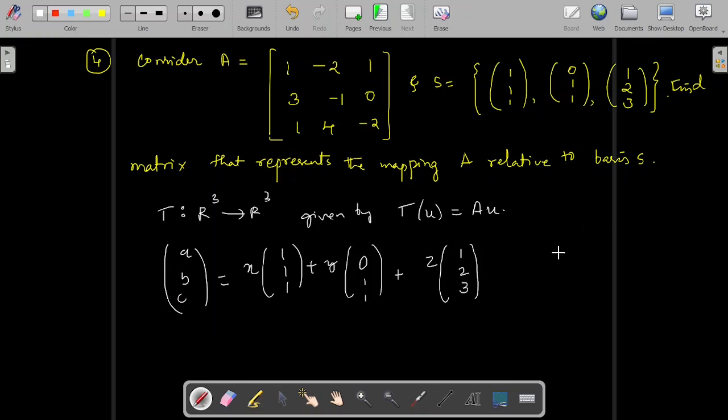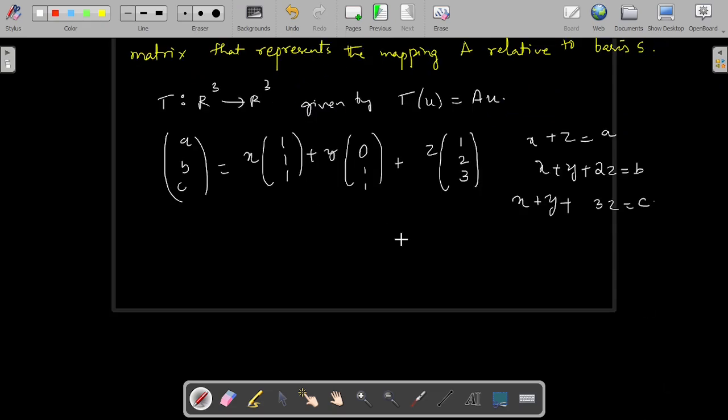So you have to solve this system. This gives you x plus z equal to a, then x plus y plus 2z equal to b, then x plus y plus 3z equal to c. This is the system. Now you have to solve it.